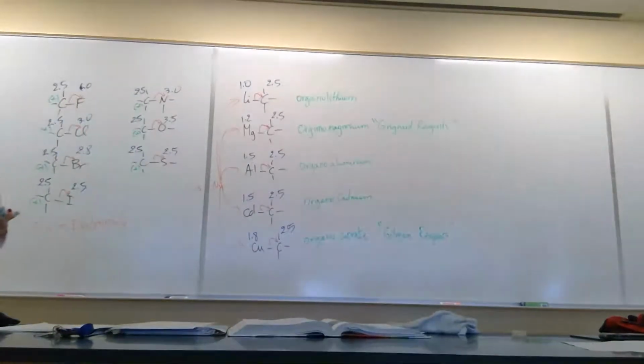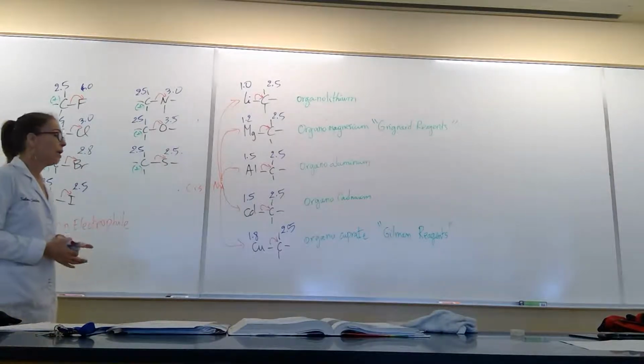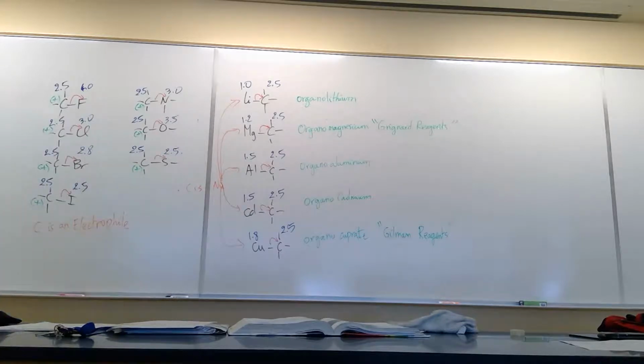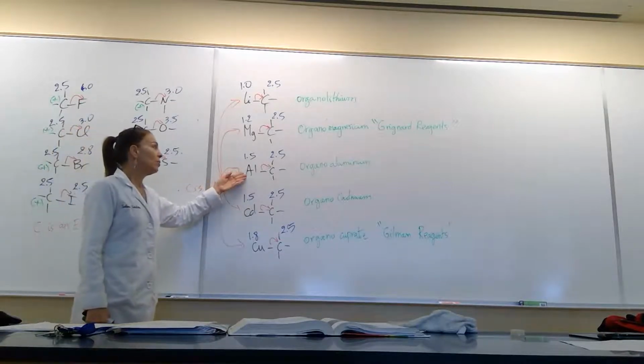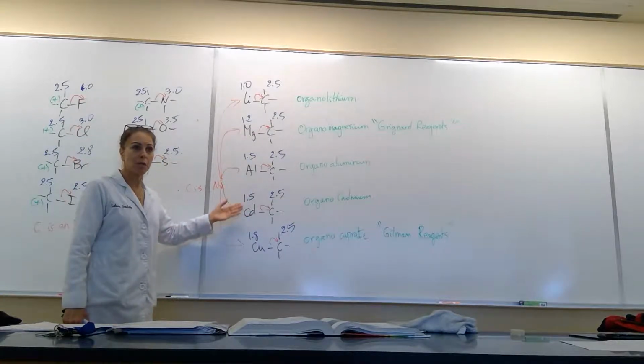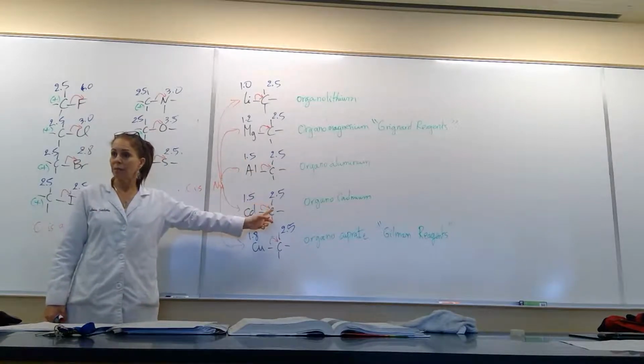Now, what are the sources? Which one is the most reactive? If you look at the periodic table, the lower you go, the more expensive the metals are. If I have an organoaluminum and an organocadmium, which one would be cheaper to use? They both have exactly the same electronegativity difference.